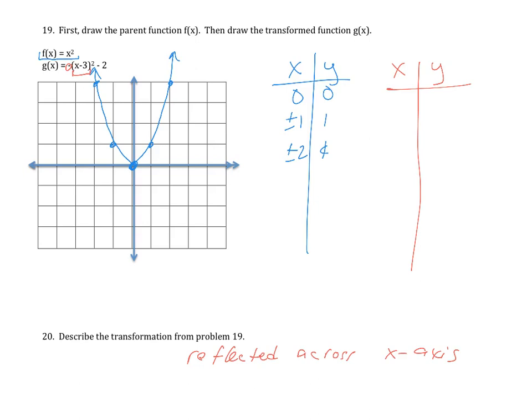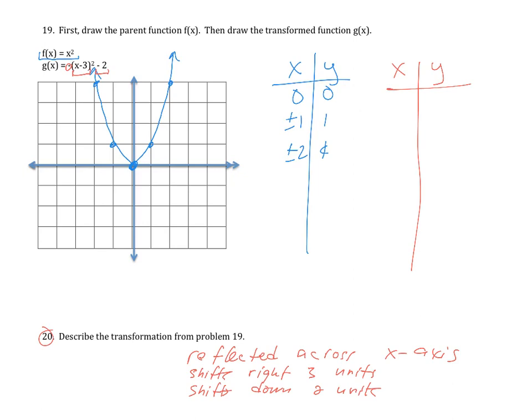So x minus 3, h is 3, so it shifts right 3 units. And this is plus k, so plus negative 2. So this means it shifts down 2 units. So I'm actually entering 20 as I'm doing 19.